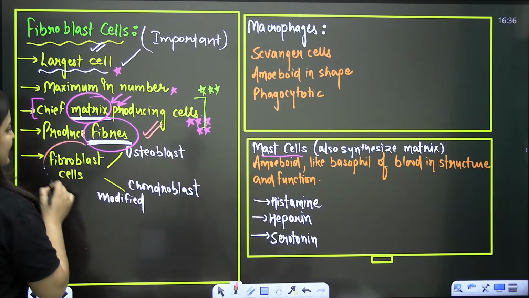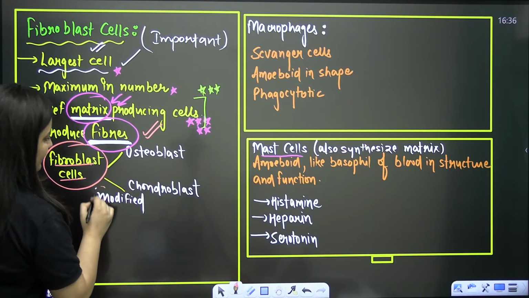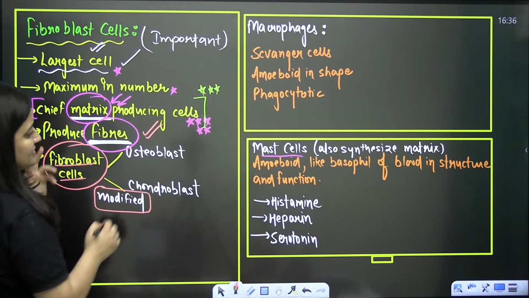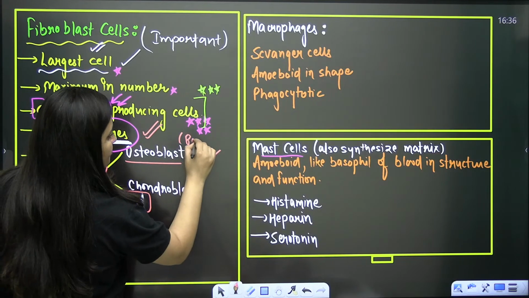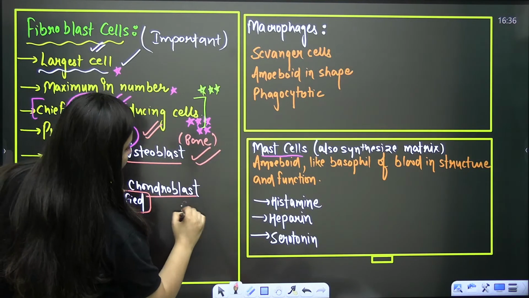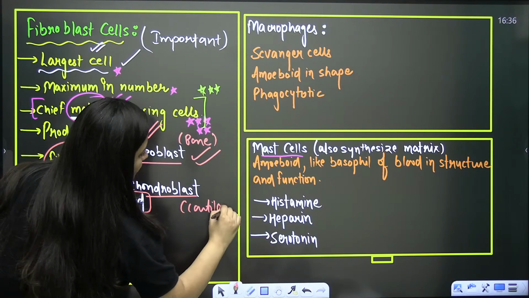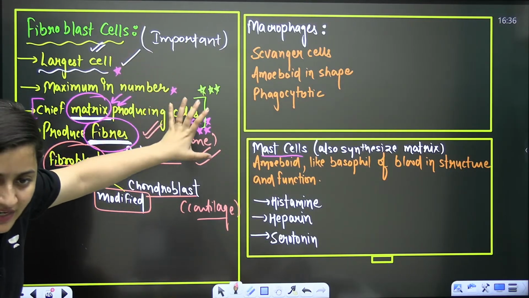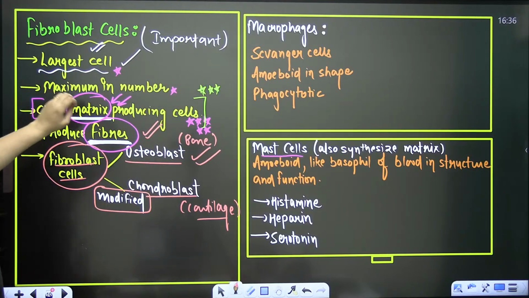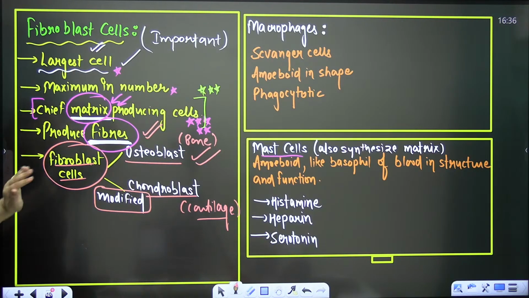These fibroblast cells will get modified, and in bones and cartilage, they will form osteoblast, which is a bone forming cell, and chondroblast, which is a cartilage forming cell. So fibroblast is very important: it is the largest cell, maximum in number, the chief matrix producing cell.